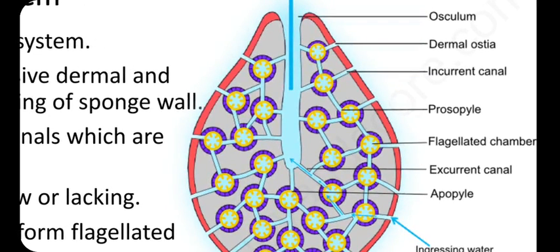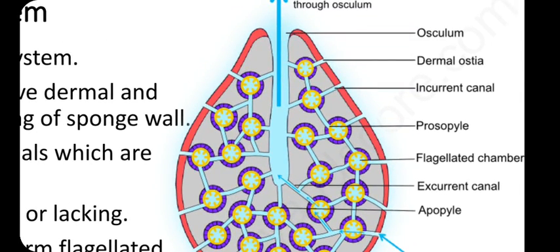So here we have the picture, and I'm going to use my color pen so that it will be much more clear. There is a dermal ostia, so the water enters through the dermal ostia. From the dermal ostia it comes to the incurrent canal. See, this canal is narrower, it was broader in the Sycon type. Here it is narrow, tube like, and then from the incurrent canal it goes to the flagellated chamber.